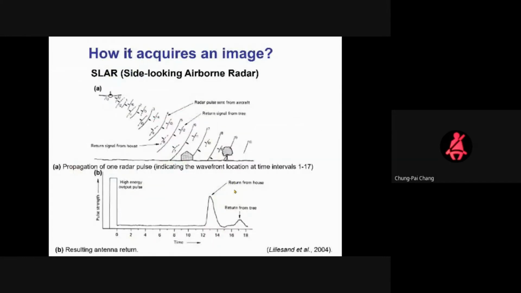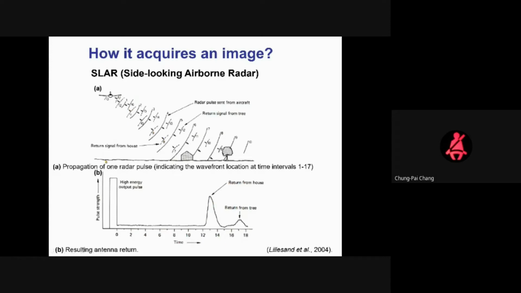The idea is the side-looking airborne radar. If you launch a radar pulse, you receive all the return signals almost at the same time, so all the signals mix together. But if you launch the signal toward one direction, for example, this aircraft launches the signal only to the left-hand side, what will happen?